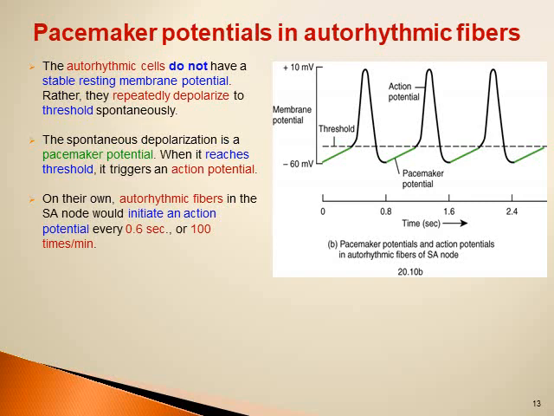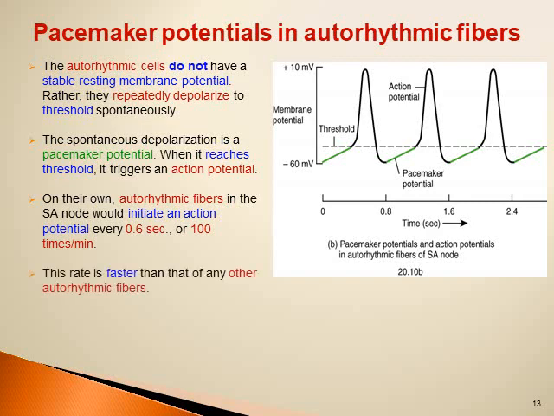I repeat, in the SA node, because autorhythmic fibers have different rates of action potential generation. The highest rate is done by the autorhythmic cells present in the SA node, which can generate up to 100 action potentials per minute.